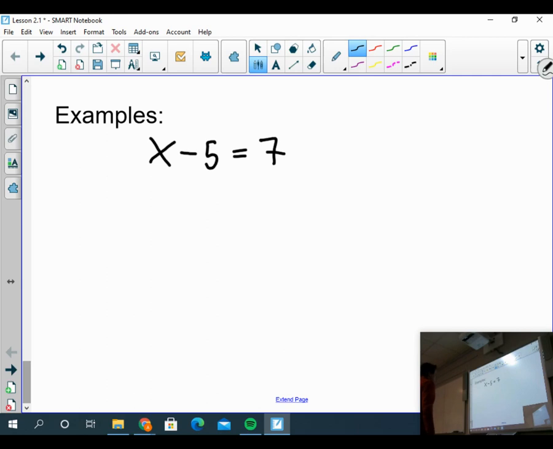So how am I going to get x by itself? Well, the x is currently being subtracted by 5. We're taking away 5 from the x. If x is, again, a pile of apples, I'm taking away 5 from it. Well, I want to know how many apples in total I have. So what is the opposite of taking away 5?